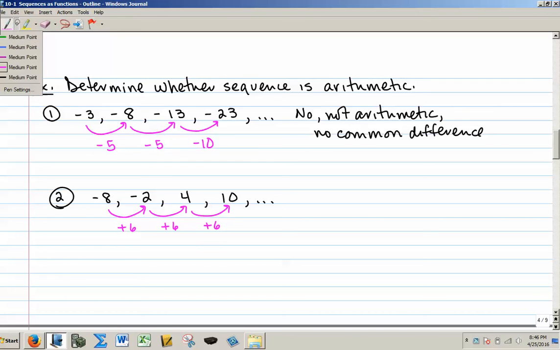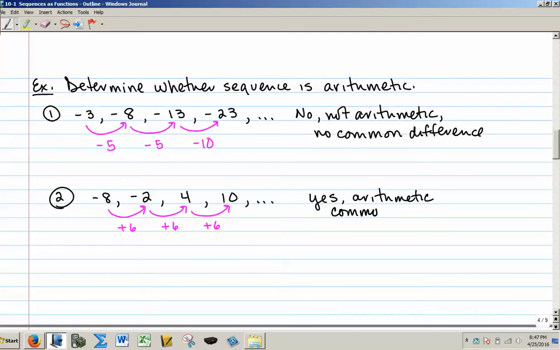So yes, this is an arithmetic sequence, because the common difference is 6. Actually, I think I'd like to say the common difference is a positive 6, adding 6 each time.